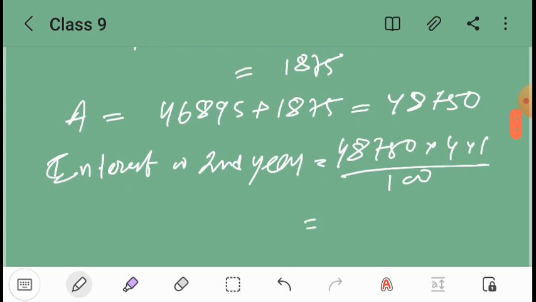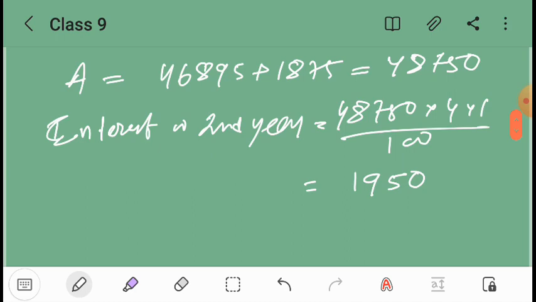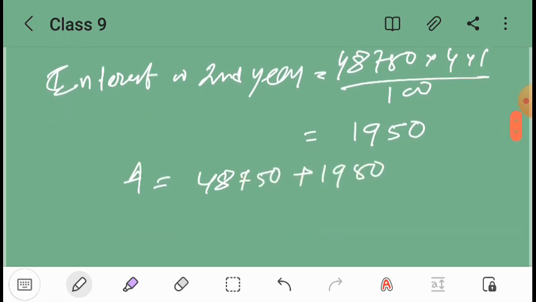After evaluating, you will get 1,950. Okay. Now the amount is 48,750 plus 1,950, so this will be nothing but 50,700.